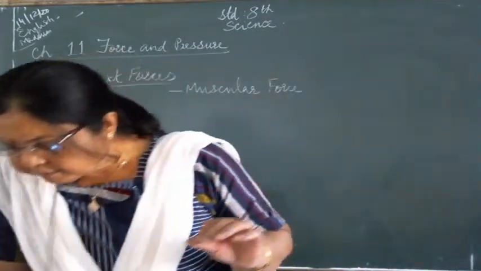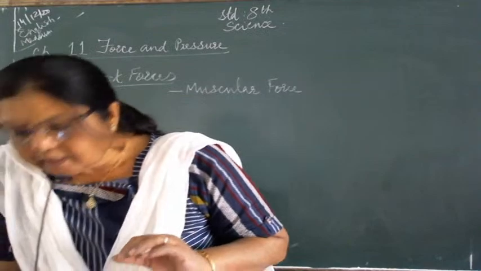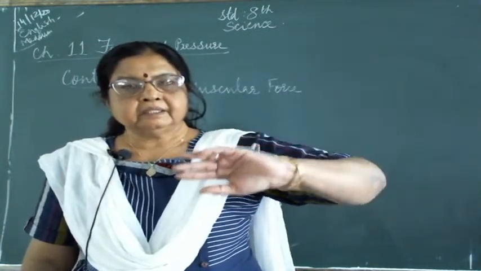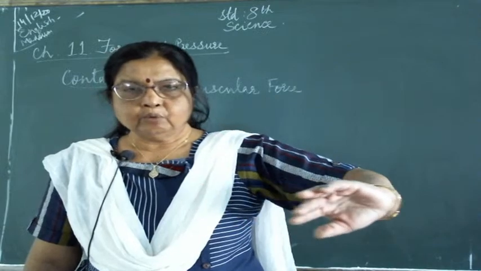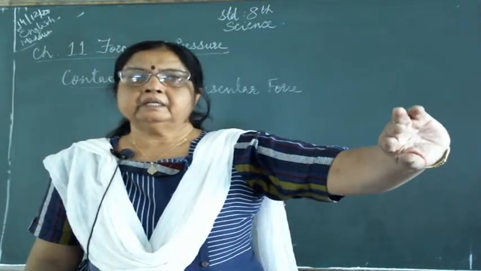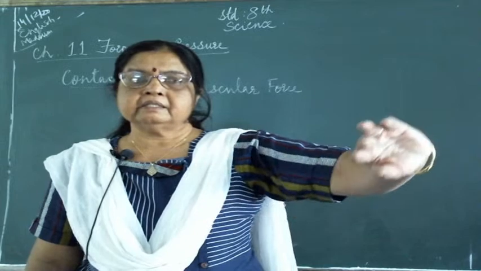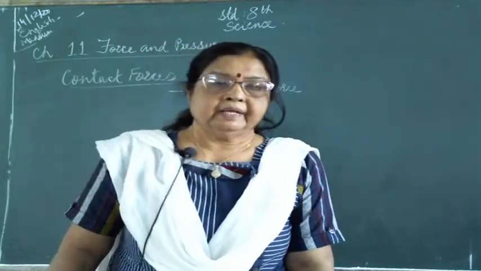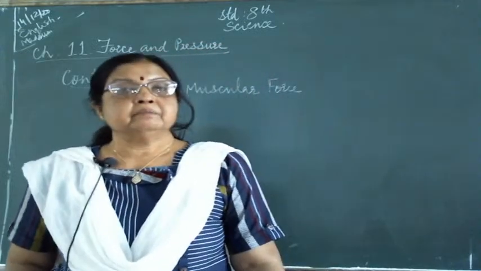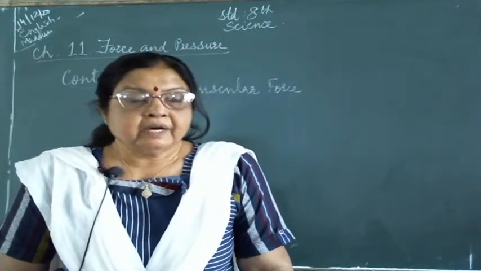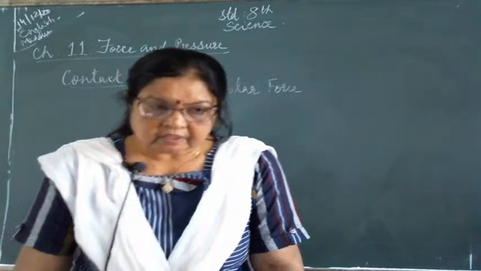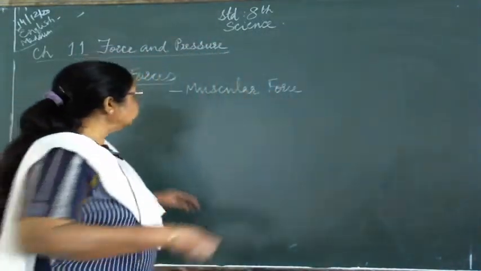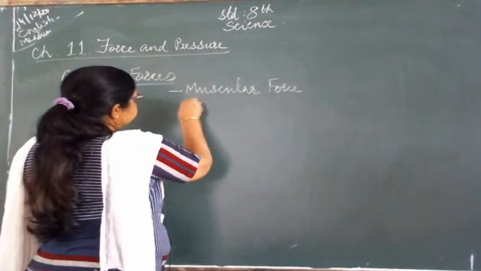Very slowly, the ball will roll, and slowly its speed decreases and it comes to rest. The speed becomes 0. Why? Because of the force that is applied by friction.